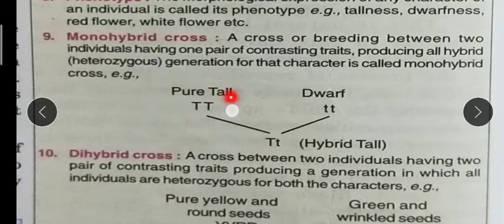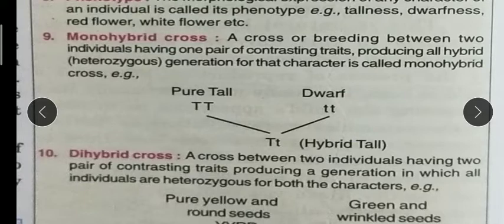That's why the dominant gene is called super ruling, whereas the recessive gene is called subordinate or submissive, because its character is suppressed by the dominant allele.